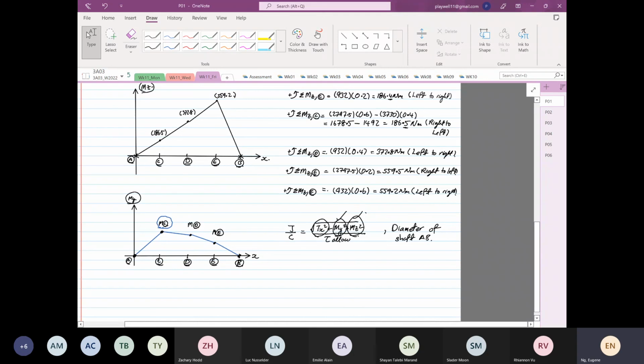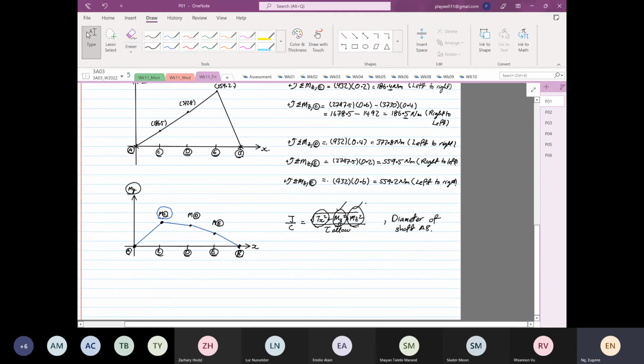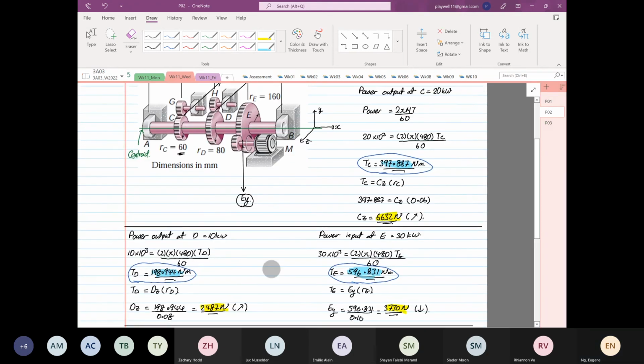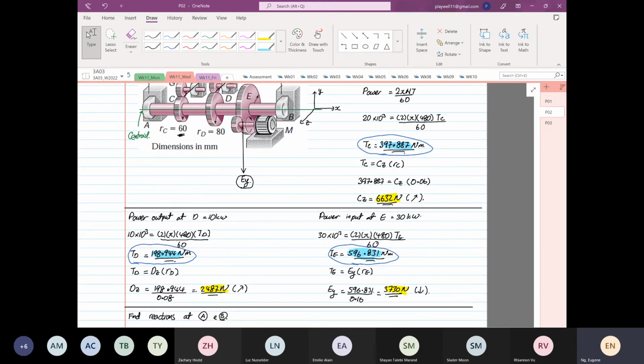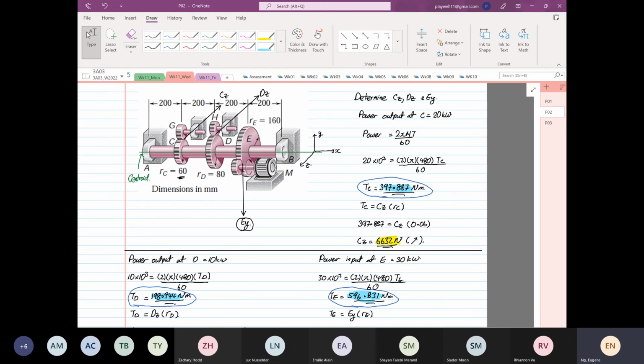Right. So when we come back to here, I was talking about the torque now. So we know that gear C and gear D are generating an output to the system, right? There's an output load.